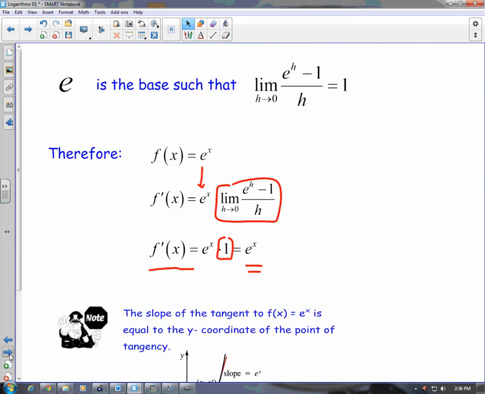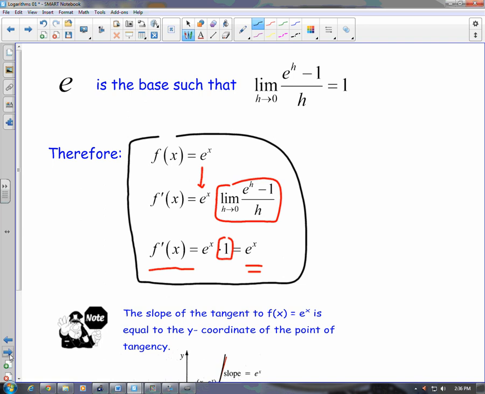Now, if you want to write something down, one of the first things to write down is basically this. If your function is e to the x, the derivative becomes e to the x.